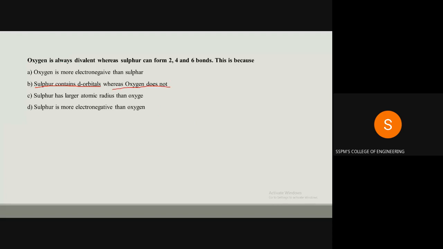So this question is based on electronic configuration. Hence oxygen is divalent. Divalent means the valency of oxygen is 2, so it has double bond characteristics.